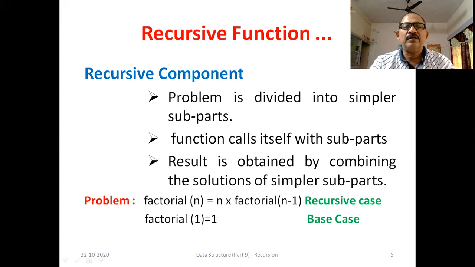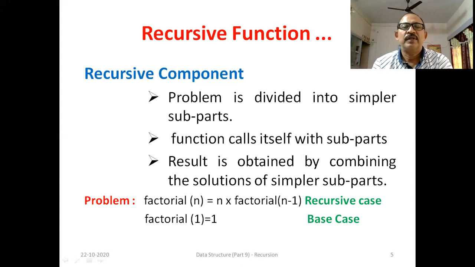Let us take again the calculation of a factorial of a given number. Here you can see factorial of n. The problem is determining the factorial of a given number n. So here we are dividing the obtaining of the value of factorial of n into two parts, n and factorial n minus 1.